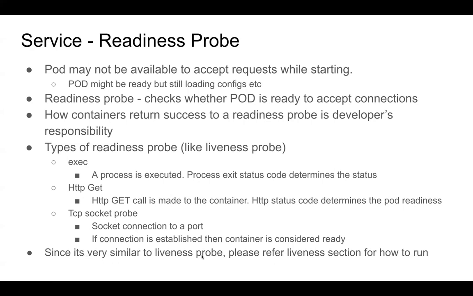Since it is very similar to the liveness probe, please refer to the liveness sections for how to run it. I have given an example of HTTP GET in the liveness probe. If you go and look back at the recording, you will see how to get this HTTP GET to work.